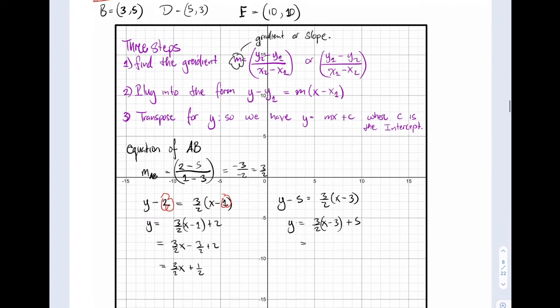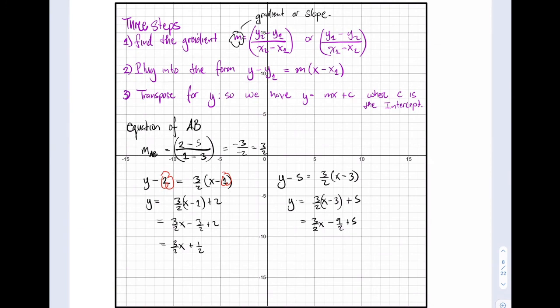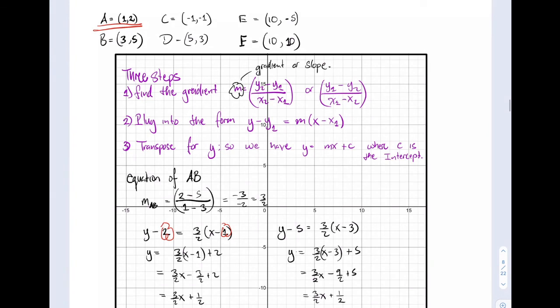If I simplify this, I get 3 over 2 x minus 9 over 2 plus 5. If we do the algebra on these two, we end up with 3 over 2 x plus 1 over 2. So it doesn't matter which of these points we use, as long as we use one of the points that's on the line, then we'll end up with the correct equation.